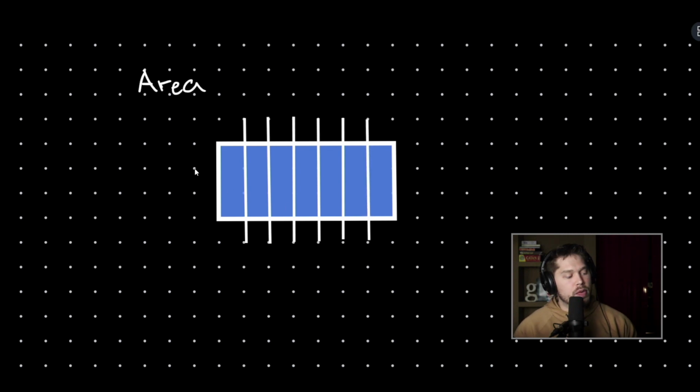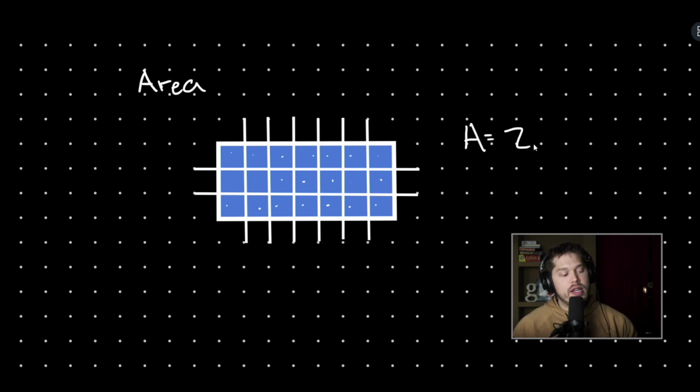We're dividing our rectangle up with vertical and horizontal lines. Now let's count up the number of squares that have appeared. We have 1, 2, 3, 4, 5, 6, 7, 8, 9, 10, 11, 12, 13, 14, 15, 16, 17, 18, 19, 20, and 21. So the area for this rectangle is 21 square units.